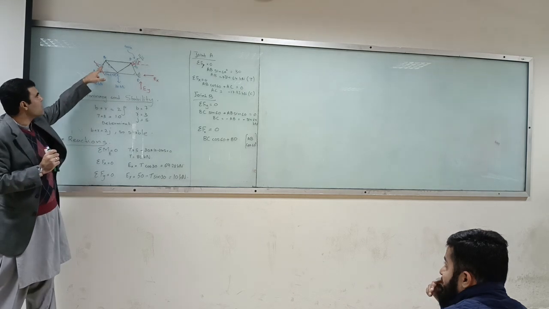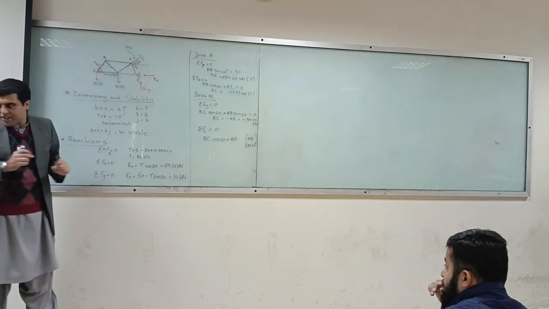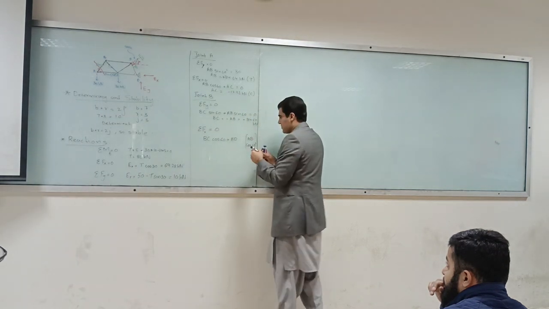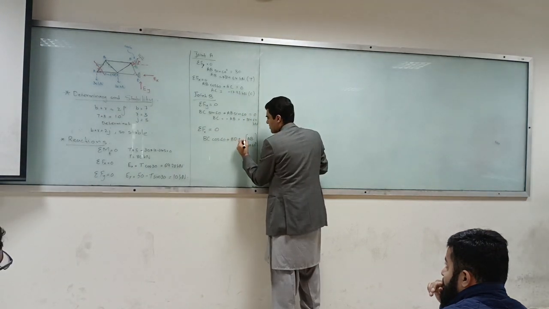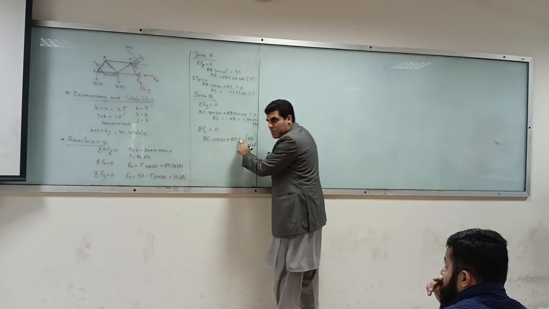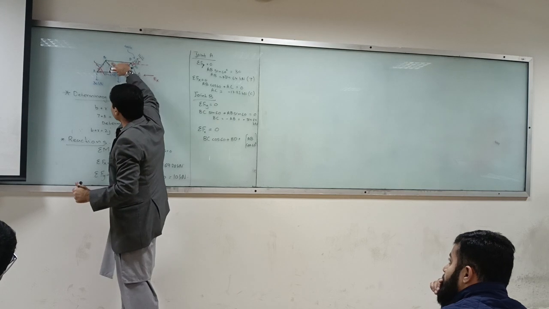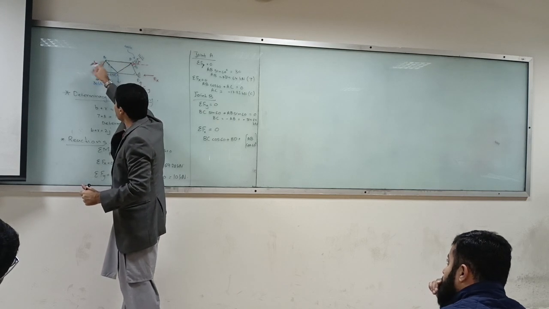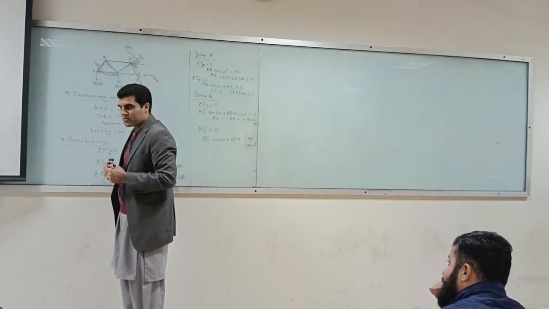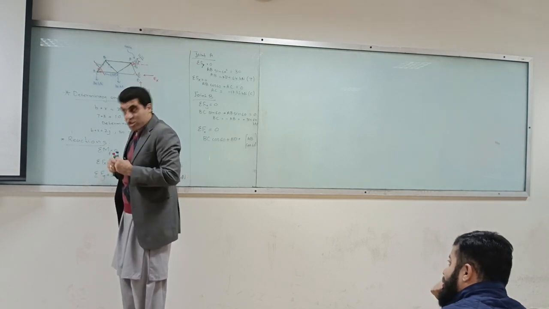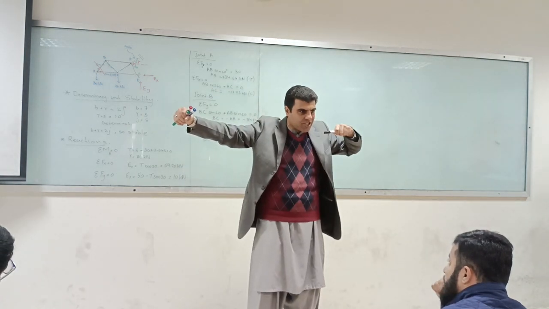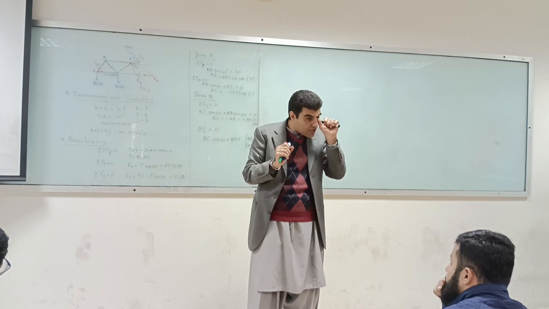If I assume that this is also positive, that would mean that I am considering this arrow is directed in the direction of the joint, which is not true. Do you understand my point? So tension in this direction must be equal to tension in that direction.